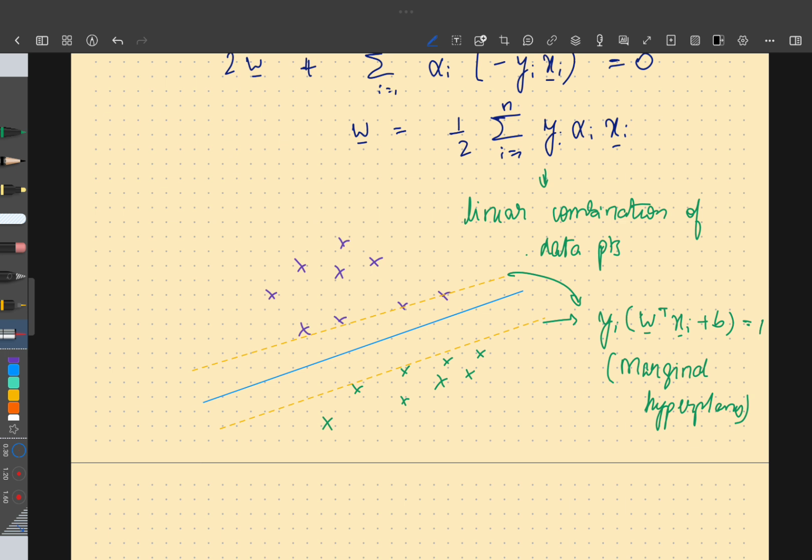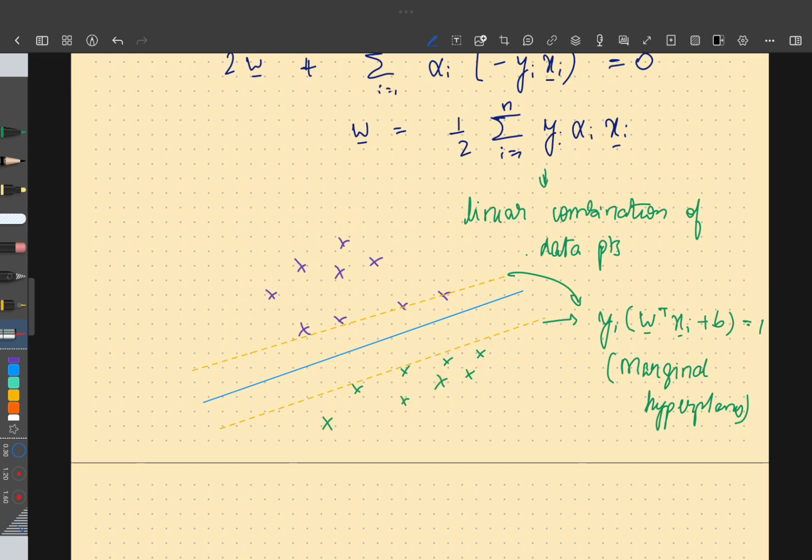And intuitively, it's clear why it should depend only on those points that lie along the marginal hyperplanes. Because suppose that this is the solution to the SVM problem, or this is a max margin classifier, then if I delete any of these other points, or if I add any more points that are further away from the marginal hyperplane, it should not really affect the solution of the SVM problem.